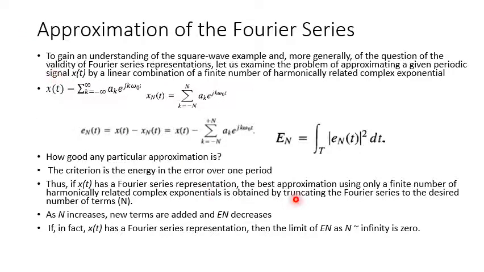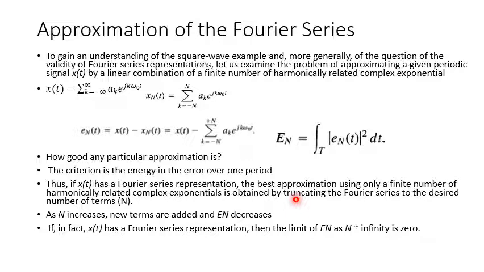Thus, we obtain the best approximation by minimizing the error. Remember that we are just using a finite number of harmonically related complex exponentials. So we call it truncating the Fourier series to the desired number of terms, for example, n here.